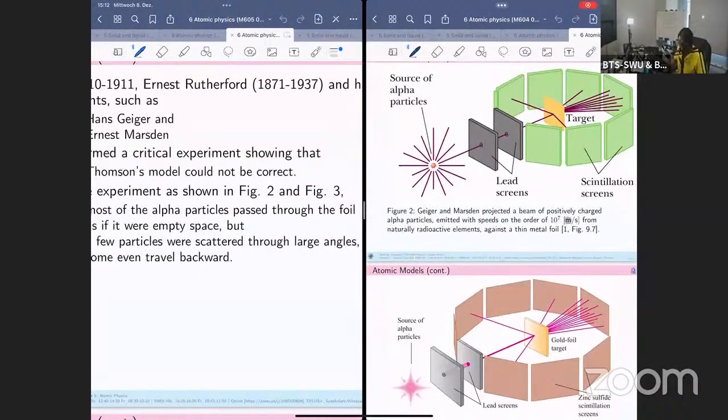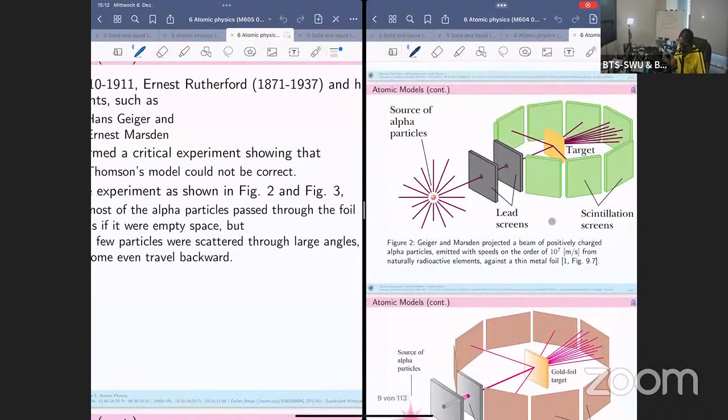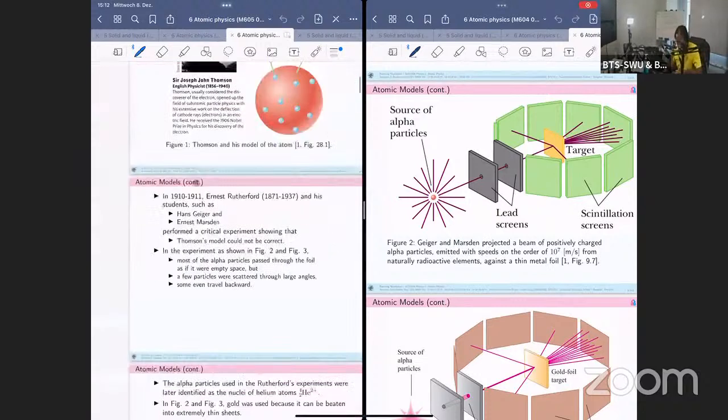This one is taken from book number 1, and this one is taken from book number 2, but they are exactly the same experiment that Geiger and Marsden conducted. All right, let's get into the detail.